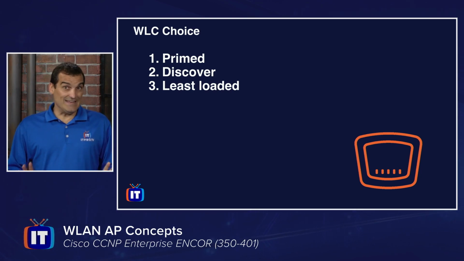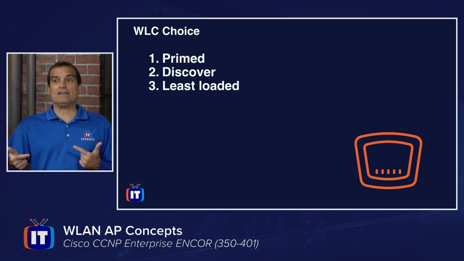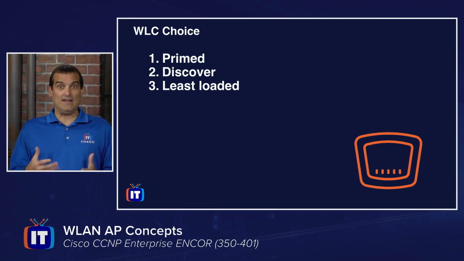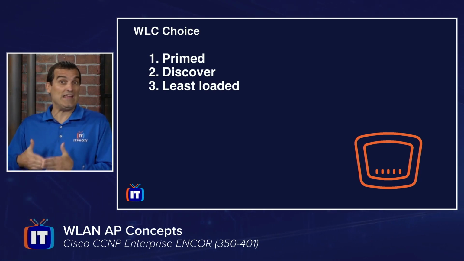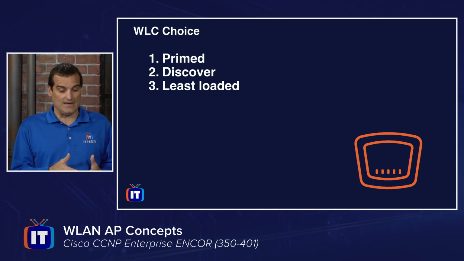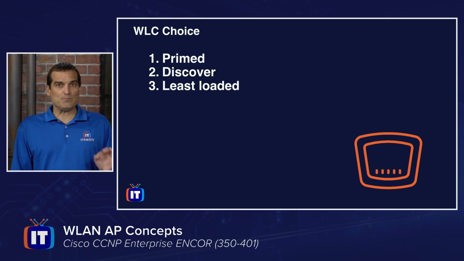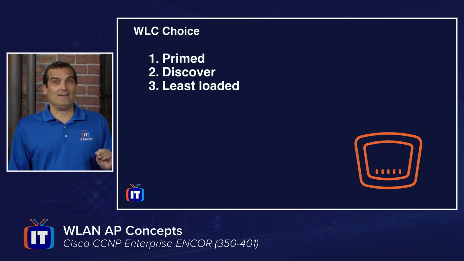Now, the second aspect of this can be that discovery process. There is an internal process that's used if a whole bunch of wireless LAN controllers responded to the AP. It clearly has a process that we don't need to know for picking one of the many that are responding. But the third option that is really interesting is the access point can look at the loading data of the wireless LAN controllers.